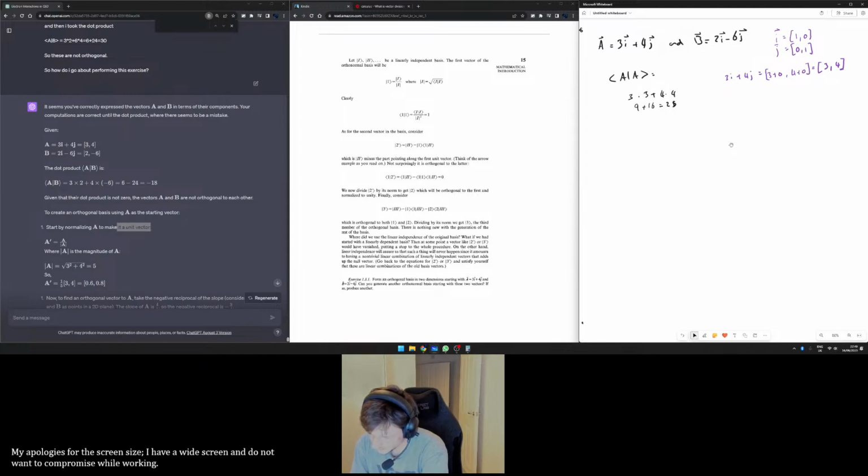We took the square root of the inner product. So the norm of A is equal to the square root of 25, which is equal to 5. Okay.